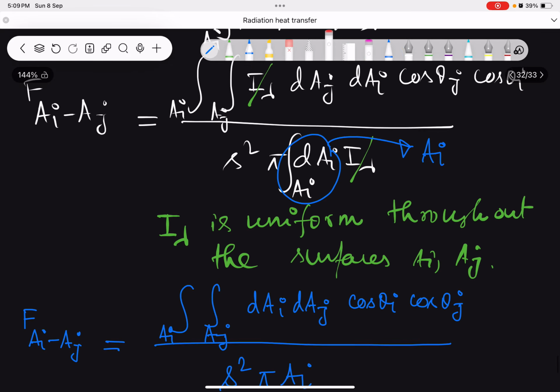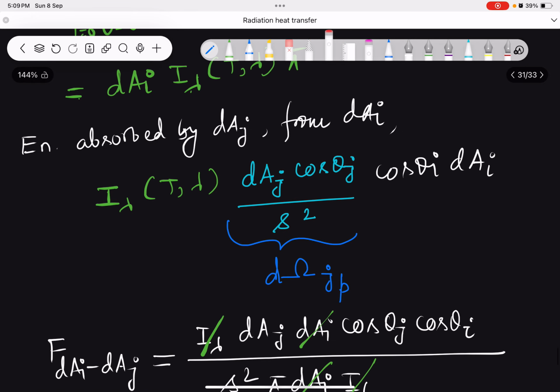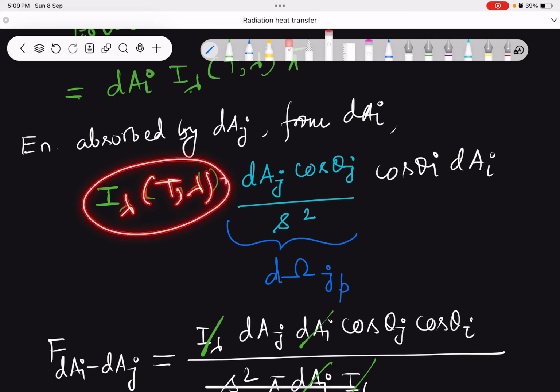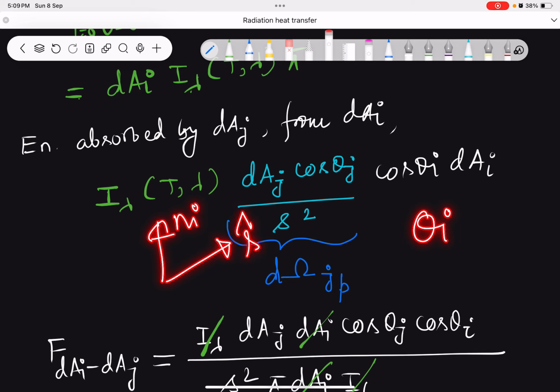So this I lambda, although I am telling that this is a diffuse emitter, this is the radiation ray at a particular direction. But I am concerned only with the theta i direction, where this is my Ni and this is my S cap.